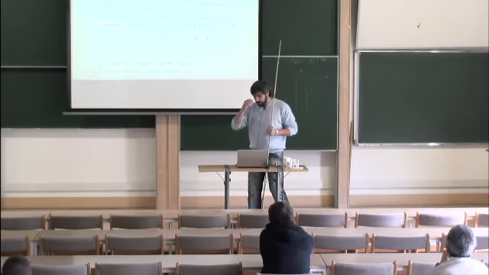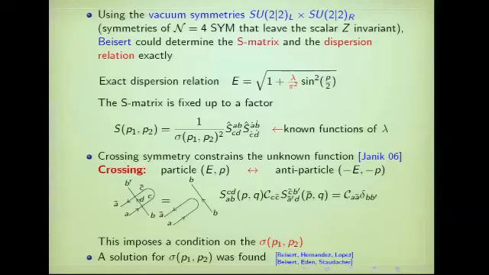Then Janik proposed that, moreover, you demand that this scattering matrix satisfies crossing symmetry. Crossing symmetry is something that relates the bulk scattering of particles and antiparticles. This is going to impose a condition on this unknown dressing phase.